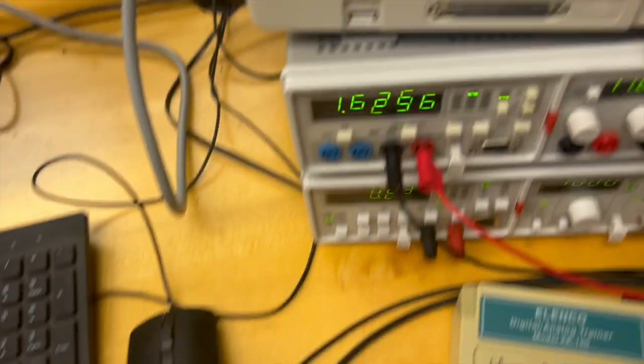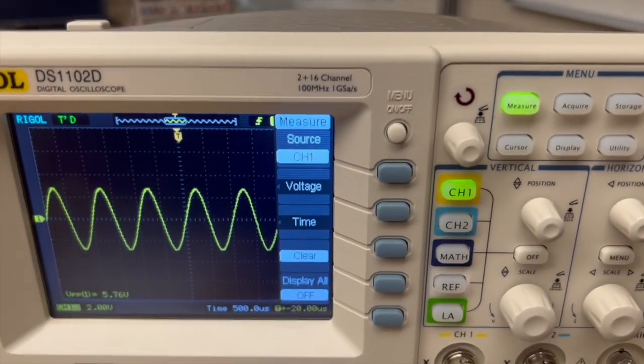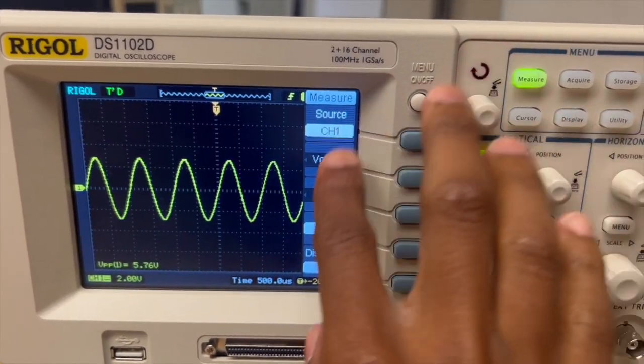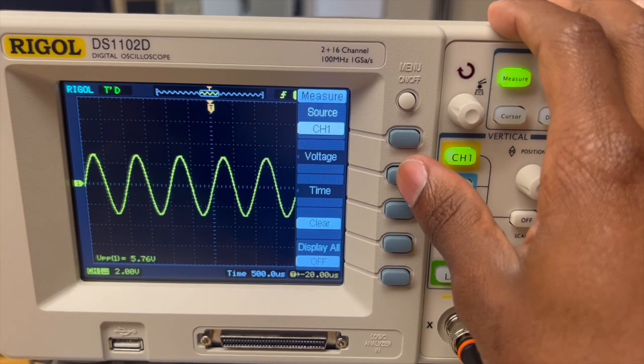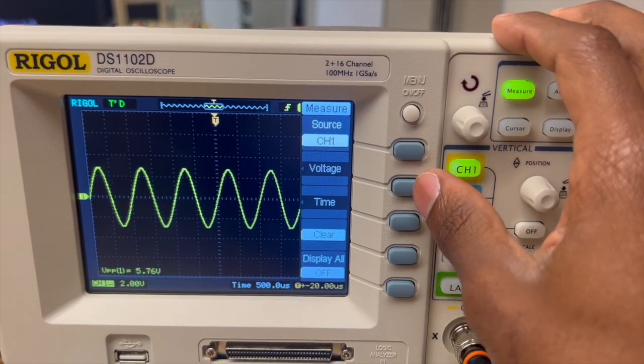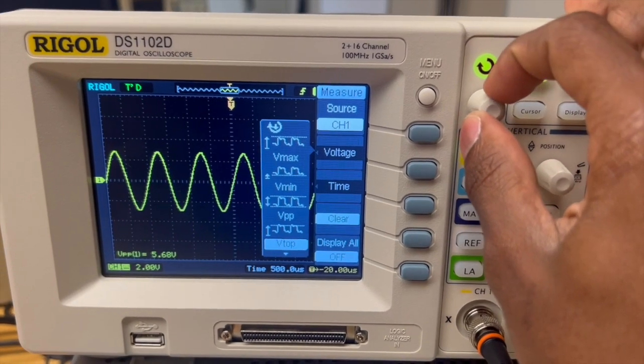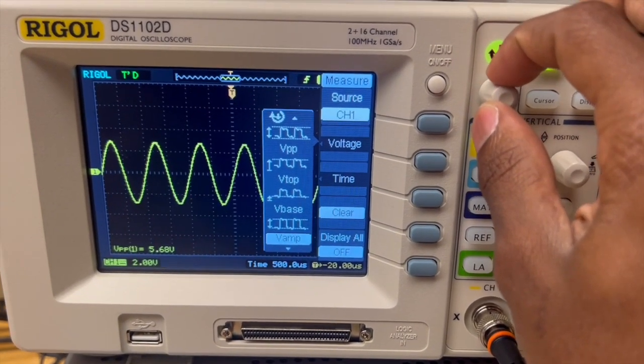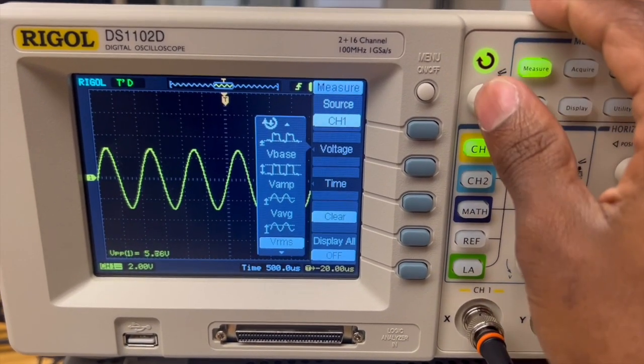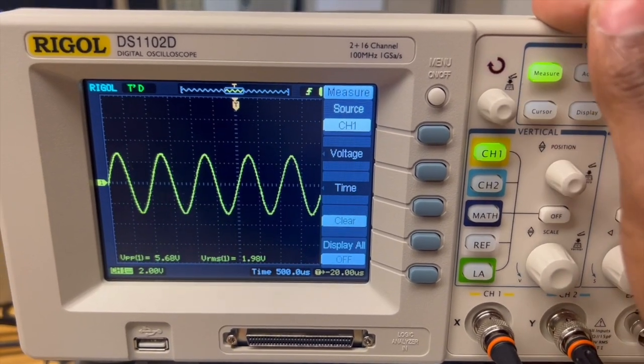Now we're gonna look for our VRMS, and we're gonna go back to the oscilloscope and use this menu that we have open in order to find our VRMS. We're gonna click voltage because VRMS has to deal with voltage. And we're gonna scroll all the way down till we see VRMS. Boom, we found it. Click it.